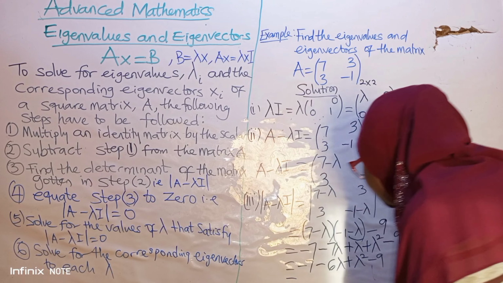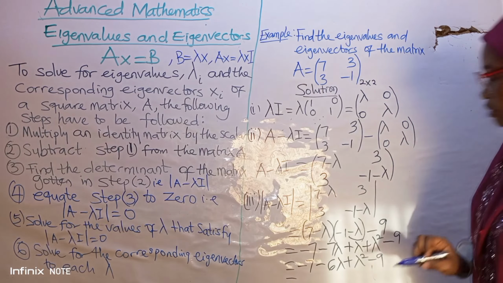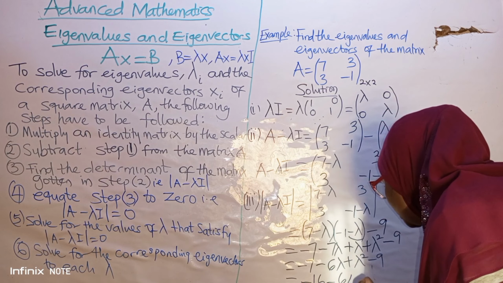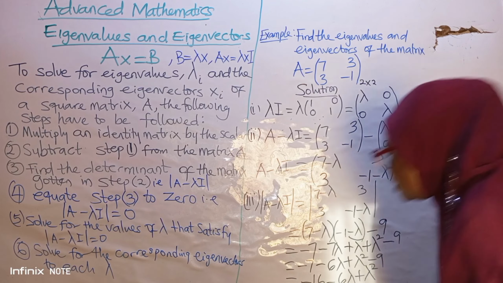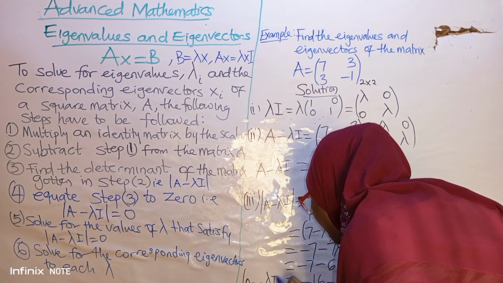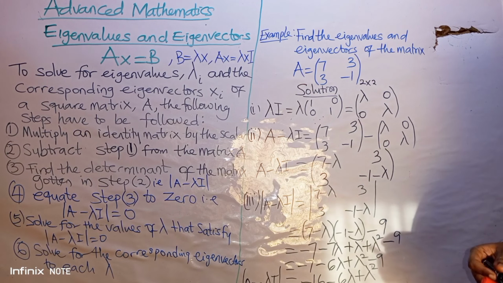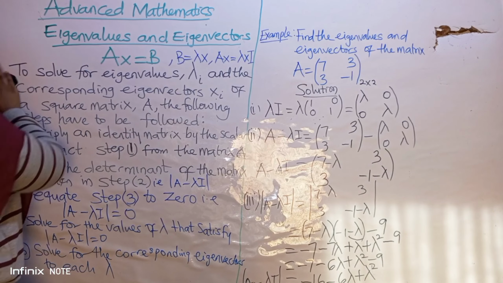So let's collect like terms. Minus 7 minus 9, that's minus 16. So minus 16 minus 6 lambda plus lambda squared, that is my determinant of A minus lambda I. So step 4, equate step 3 to 0.